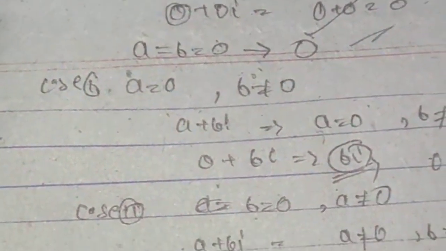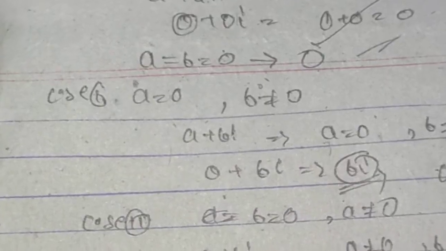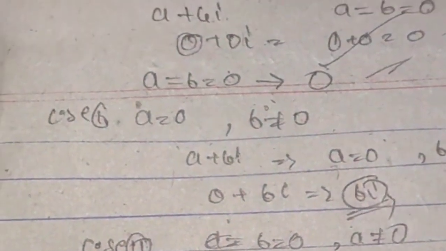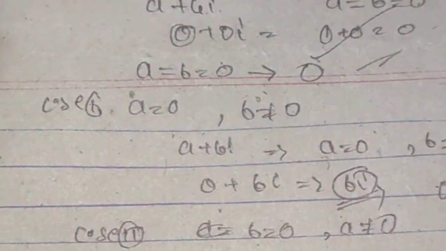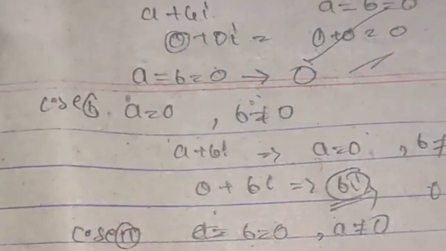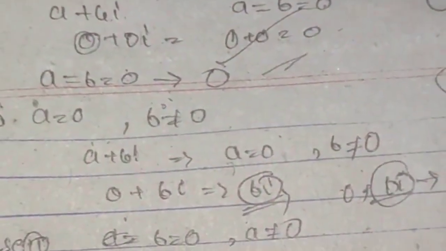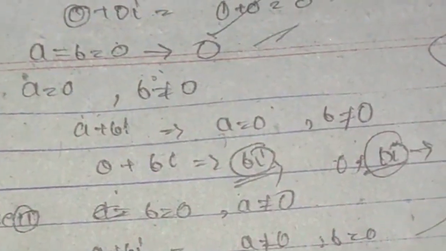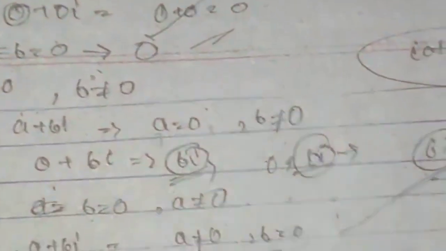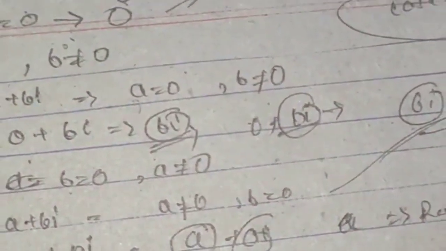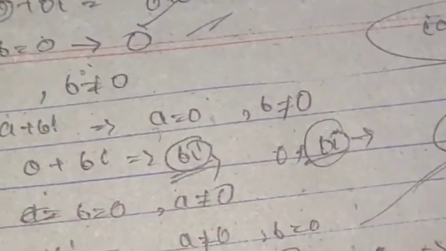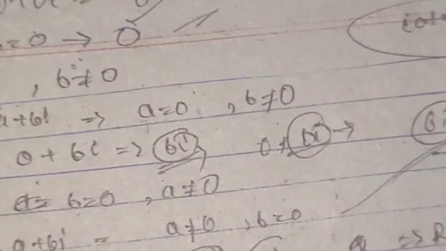Iota multiplied by 0 is 0, so it becomes a. So what is the value of a? This is the real part. So this is purely real, 100% pure real.